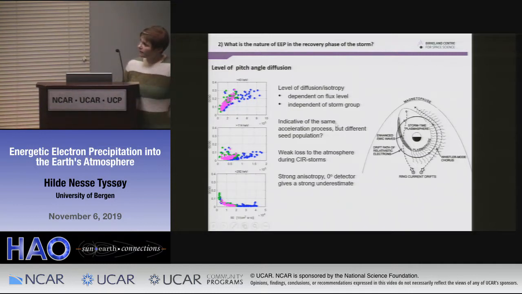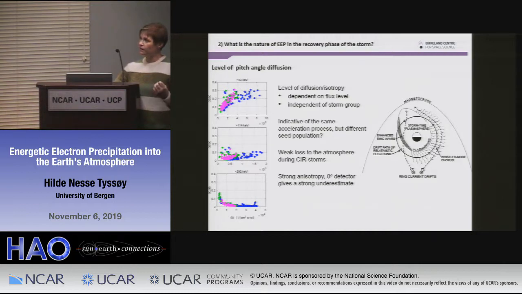But the fact that they behave so nicely in terms of increasing flux level could indicate that we're basically looking at the same acceleration process, but group 1, as I mentioned in the beginning, had a different seed population. So if you have the same acceleration process but more particles to accelerate, you will also get more fluxes later on.